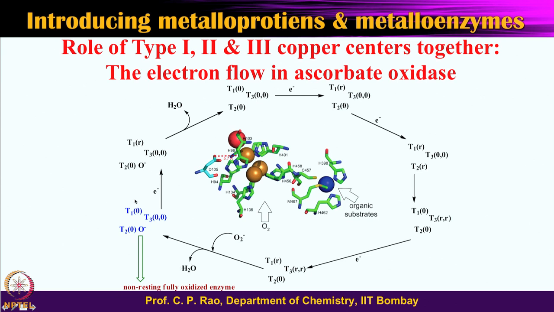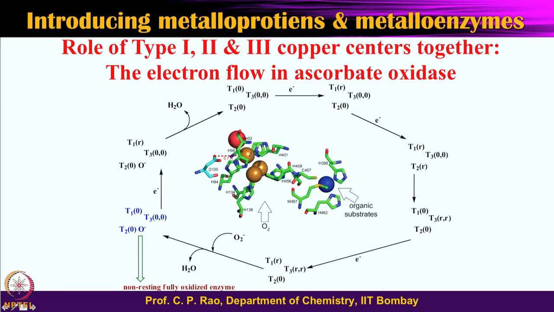Already 1 is gone. Now, what does it require? It requires only 1 more electron, because O2 has got 2 bonds. So, 1 more electron will be reducing that oxygen again into water. So, you get 2 water molecules effectively, and the substrate will get accordingly oxidized.